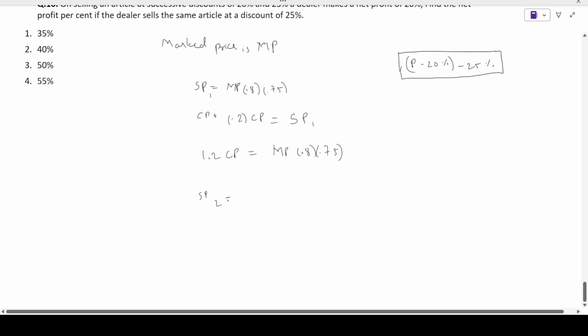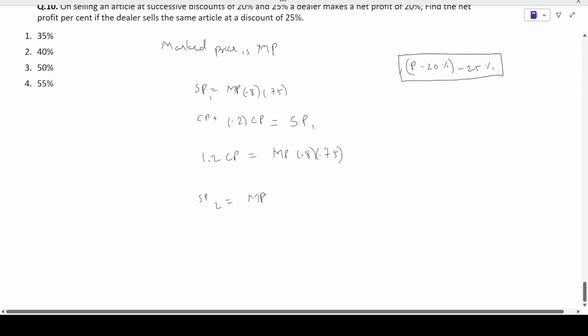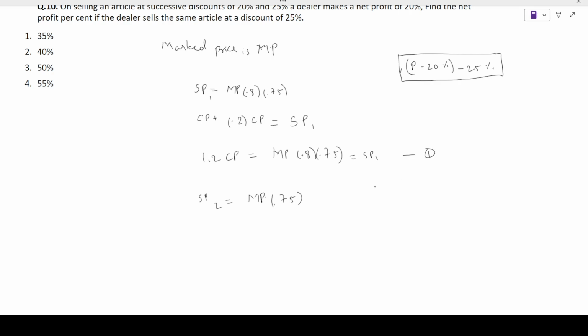From the marked price, they are giving a discount of only 25%, that is only 0.75 of the marked price, and we have to find the net profit percent. So basically we have to find SP2 in terms of CP. Here we have SP1. This is equation 1, this is equation number 2.